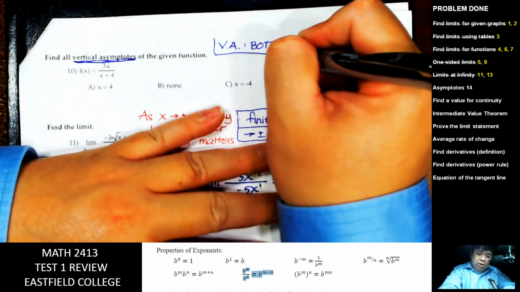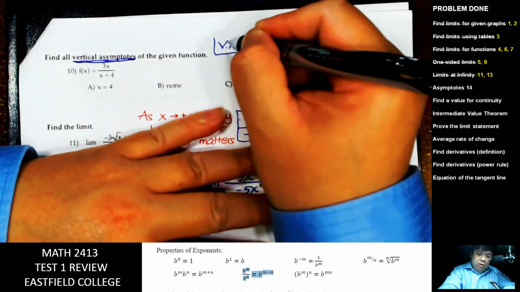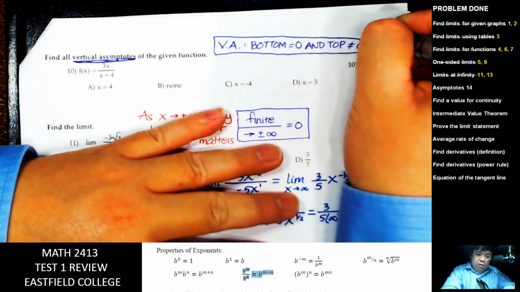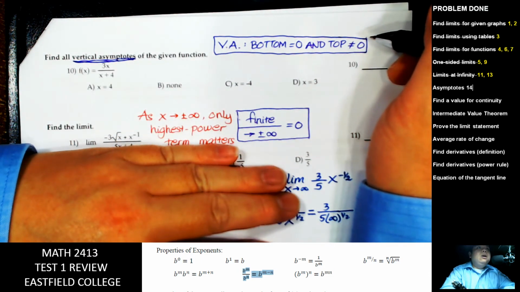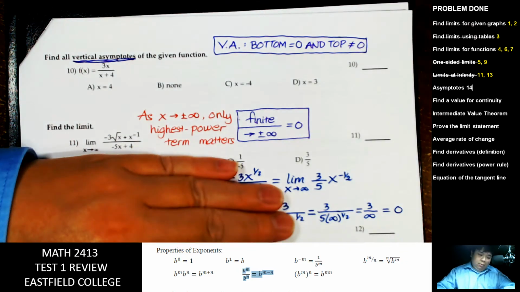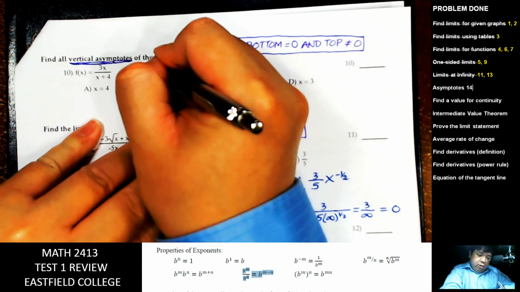So that is the vertical asymptote. Now the bottom equal to 0.